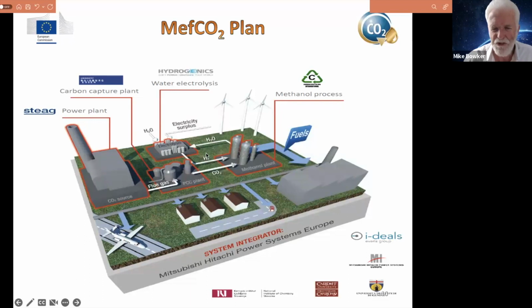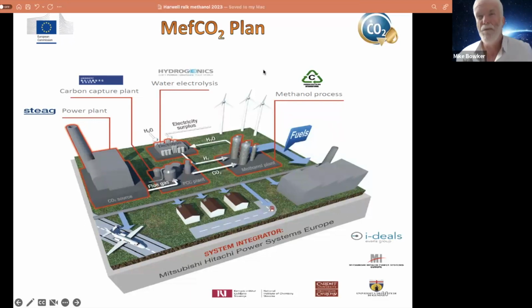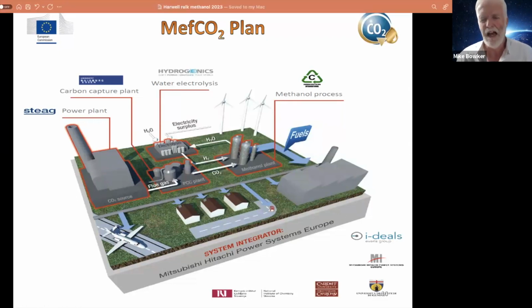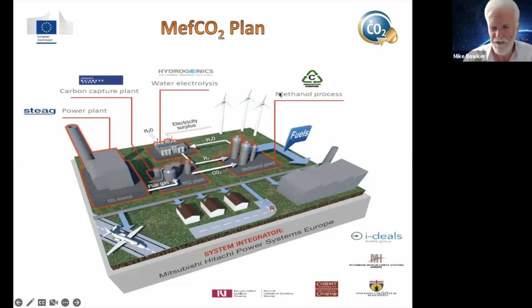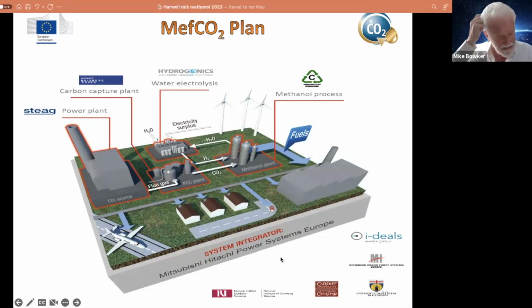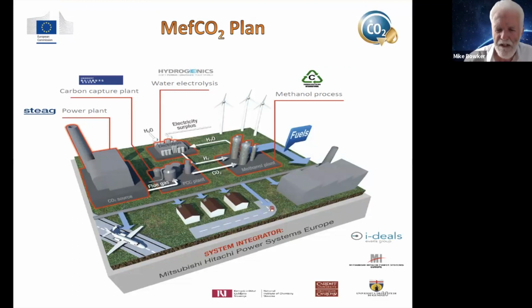The CO2 and hydrogen are put into a plant produced by Carbon Recycling International, CRI, which is based in Iceland, and for producing hydrogen, they use geothermal power. And this produced methanol in the end at about 250, 300 tons per year.